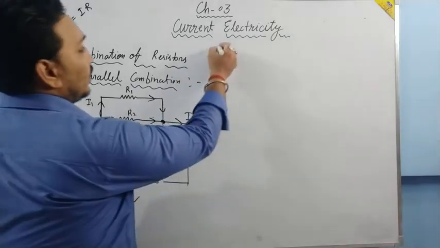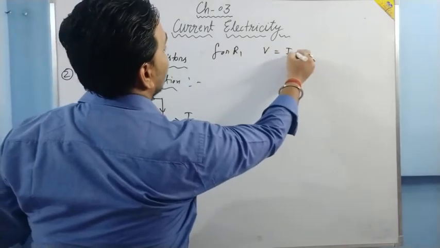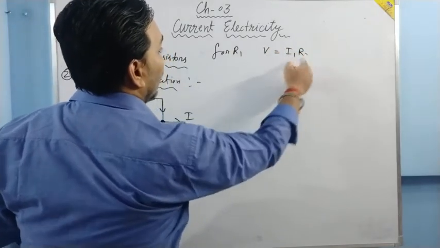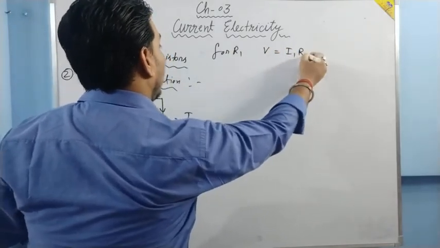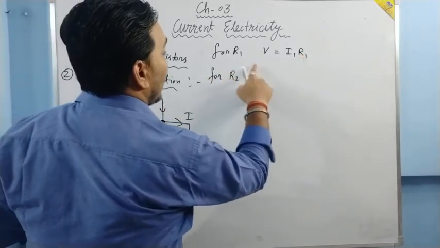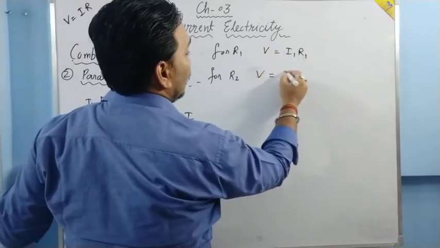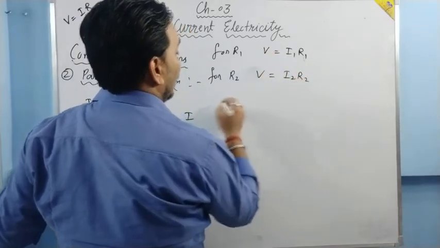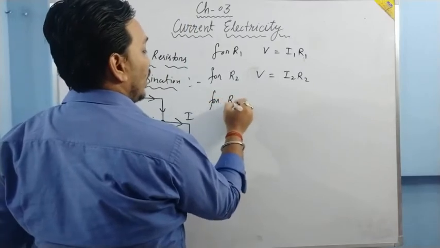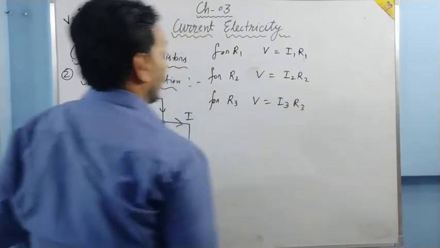For R1, we can write V is equal to I1 R1. For R2, we can write V is equal to I2 R2. For R3, V is equal to I3 R3.